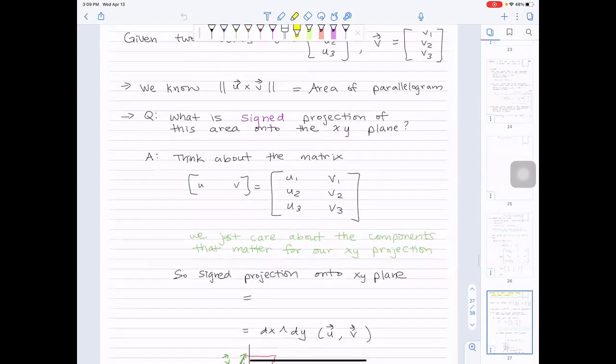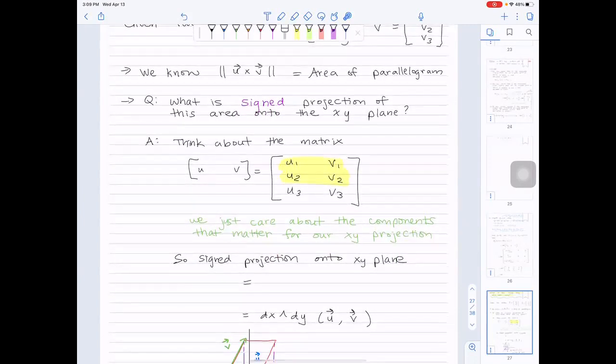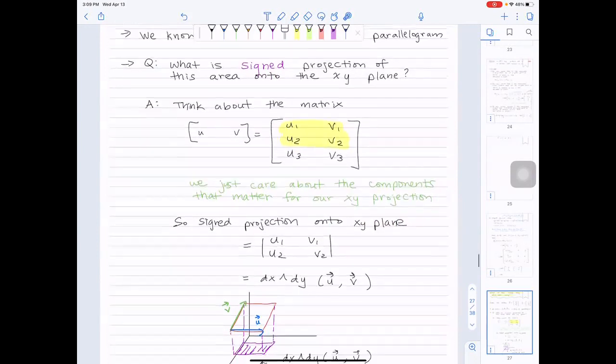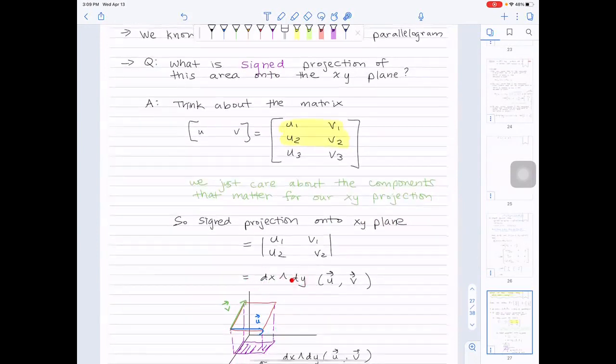So if I take the x coordinates and the y coordinates, I get this 2 by 2 matrix. So the signed projection onto the xy plane is going to be this determinant, u1, v1, u2, v2. And that definition is written as dx wedge dy, where this is a 2 form eating 2 vectors, or you can do this determinant.